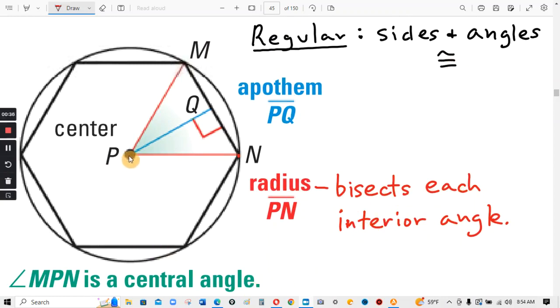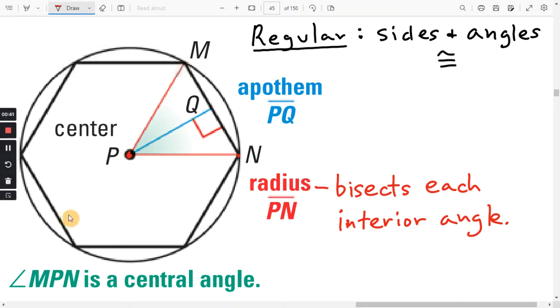If I draw a radius starting at the center of the circle and I have an interior angle right here, I can draw a radius from the center to the vertex. And this angle right here is going to be congruent to that angle right there. So this interior angle is actually bisected, or cut in half.